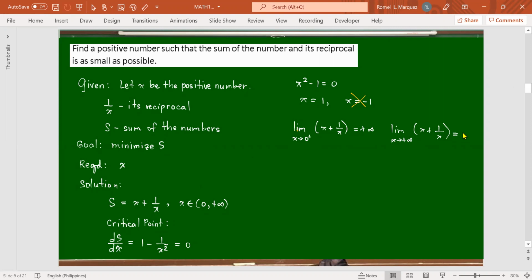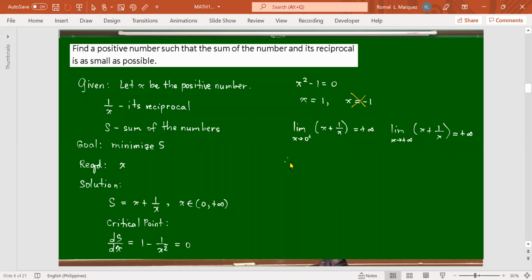This is positive. So guaranteed, according to our rules, the absolute min or max can be determined at the critical number or at the endpoints. But there are no endpoints, so you have to check the behavior if it is increasing or not.